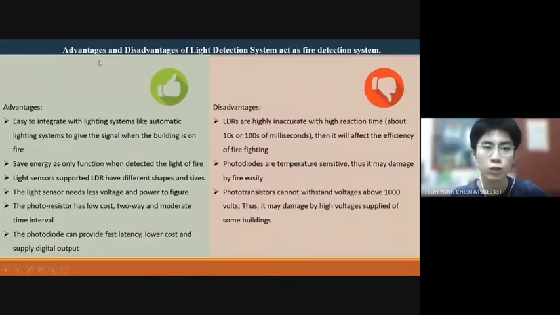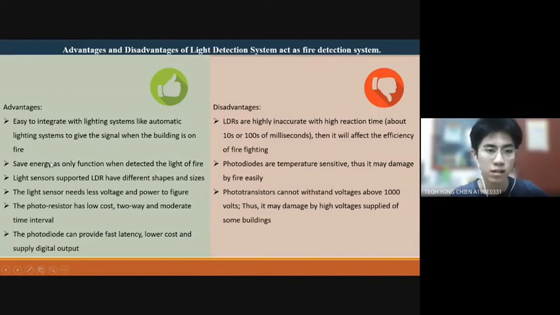Okay, now I'm going to explain the advantages and disadvantages of a light detection system as a fire detection system. The first advantage of the light detection system is it's easier to integrate with a lighting system, like an automatic lighting system, to give the signal when the building is on fire.